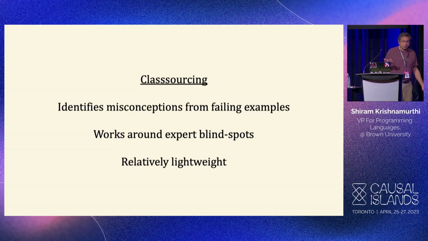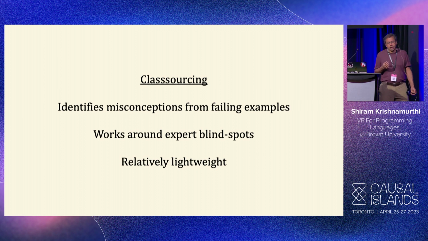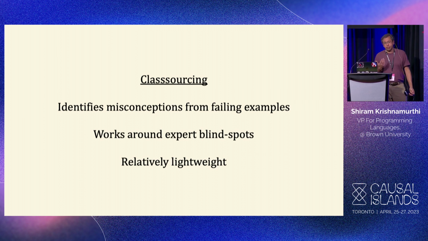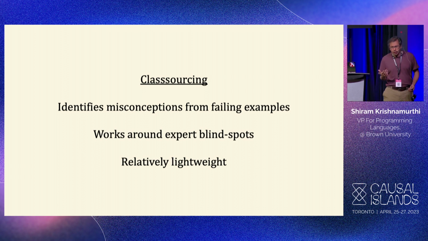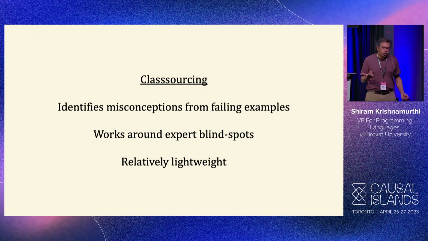It's like crowdsourcing except with students, so it's like class sourcing, and it turns out to be a very effective way to find misconceptions. You just look at the failing examples, which gets around the blind spot, and it's also very lightweight because the students are not having to do any extra work they weren't doing before. We're not saying, come in for an interview, tell us what you are thinking. They're just doing stuff that's helping them write their programs, and along the way, they're generating data for us to figure out what they might be getting wrong.